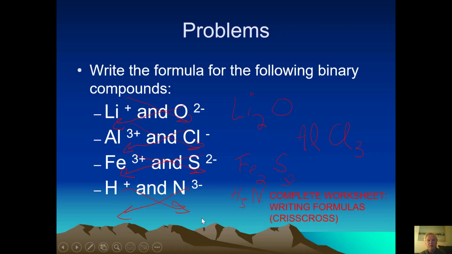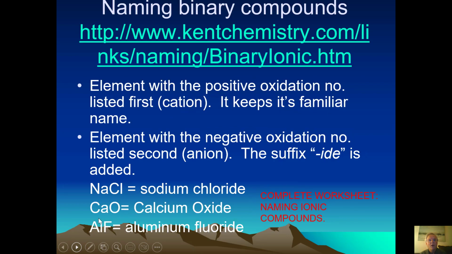So, back to this. Naming binary compounds. Now, there is a link that shows on this. That link is also in the assignment page so that you can watch this separately. So this is easy. Everybody should be able to get this.